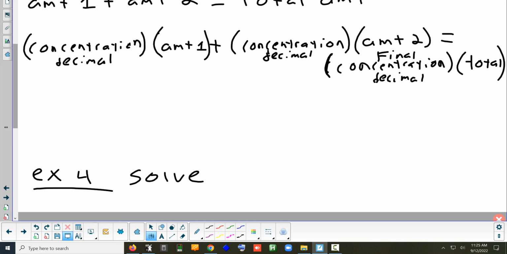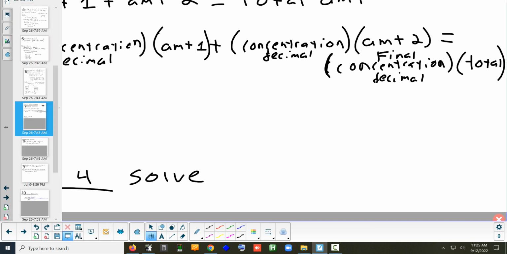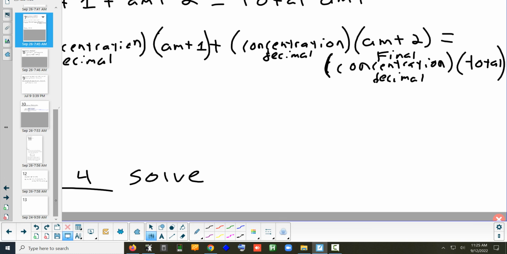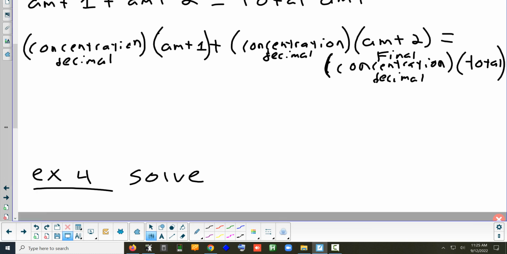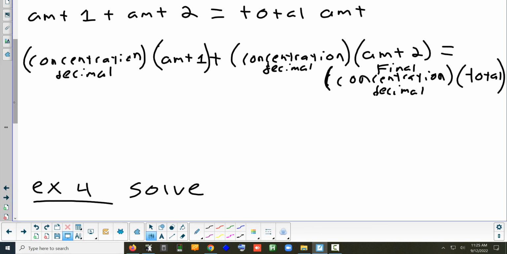So let's look at a problem and see if we can solve it. Does everyone have the two equations?